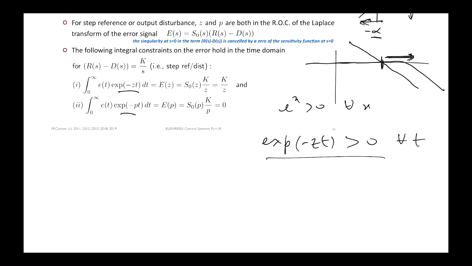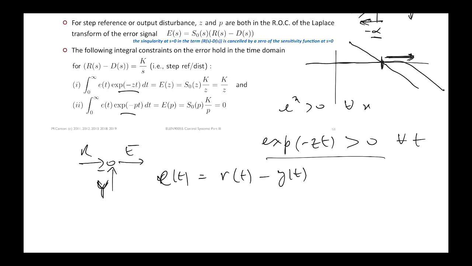Now, what we're looking at is the error signal. The error signal is the difference between the reference and the measurement of the output. So in the time domain, we're saying that the error signal is the difference between R and Y. And we're looking at a situation where R, as a function of t, looks like this. It's a step. It's changing from 0 up to 1 or some other constant value.